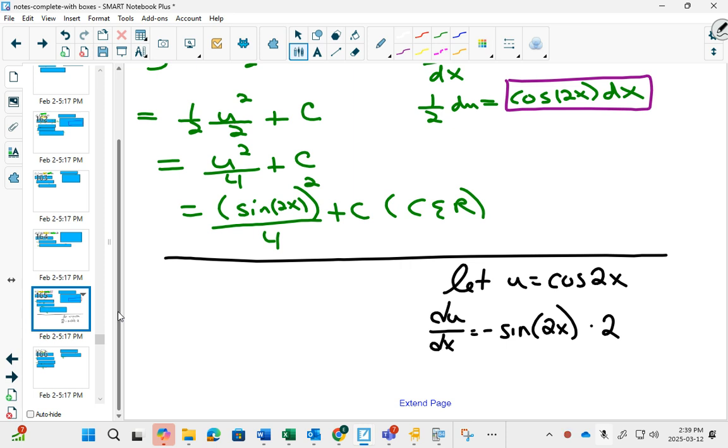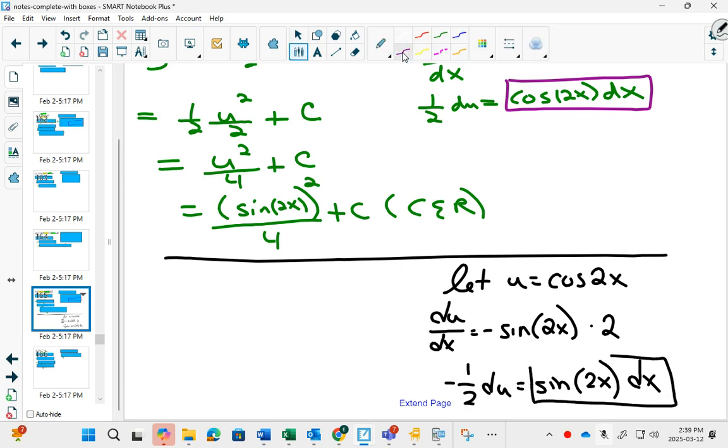And I could get du by itself by multiplying by dx, and then I could divide by the negative 2 so that I get the sine. There we go. That was perfect. I can get the sine 2x dx by itself.